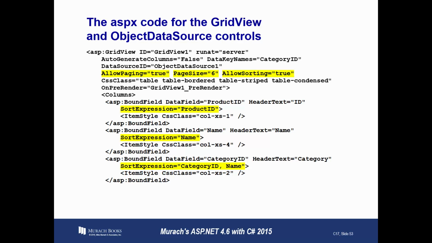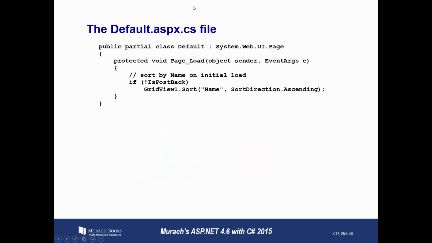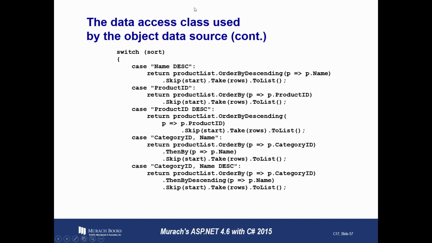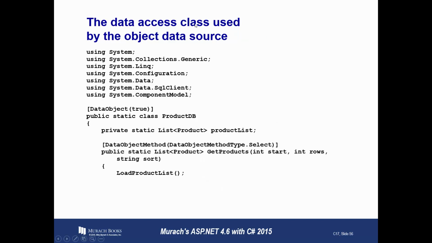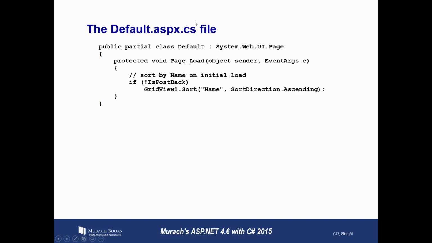Then you can add code similar to what's shown in figure 17-17. Here, the sort method of the grid view control is used to sort the products by the name column in ascending order the first time the page is loaded.